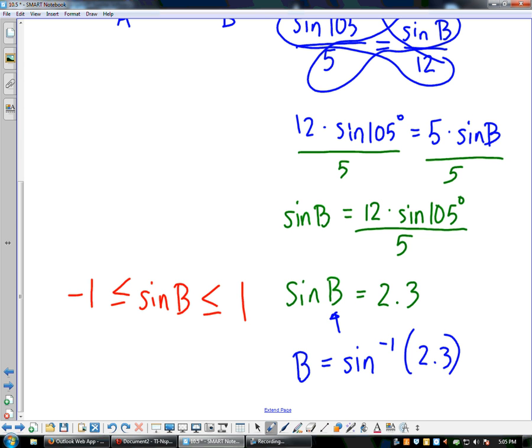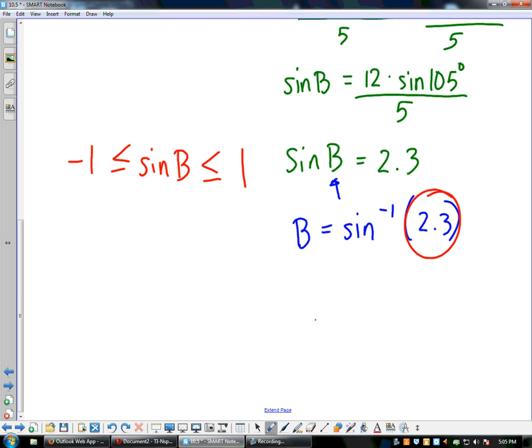And 2.3 is not between -1 and +1. It's greater than 1. So that's why we get an error message, and that means no triangle is possible. All right, so this is an example of the ambiguous case where no triangle was possible.